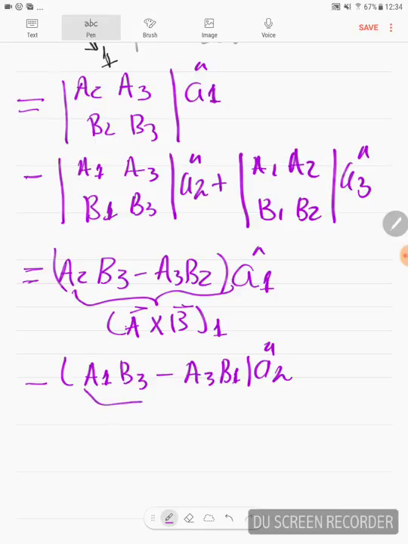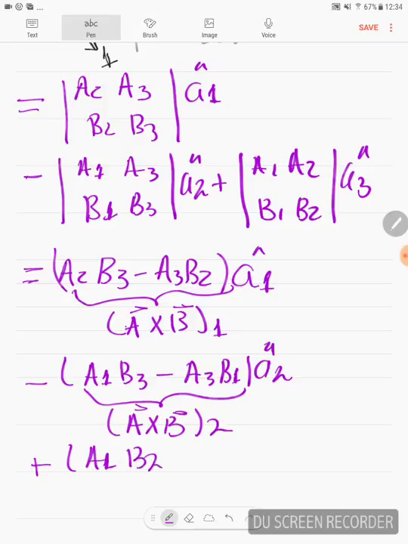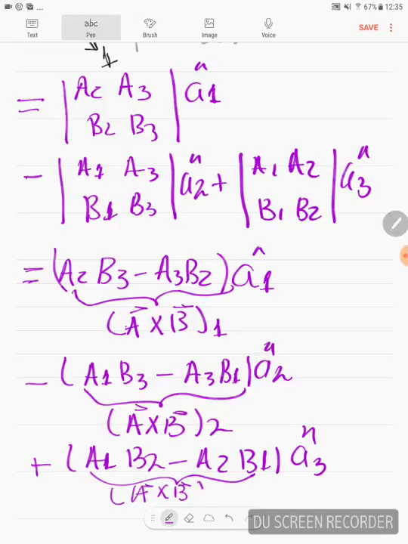So this will be component 2 of the cross product. Finally, plus A1 B2 minus A2 B1. And this of course will be component 3 of the cross product.